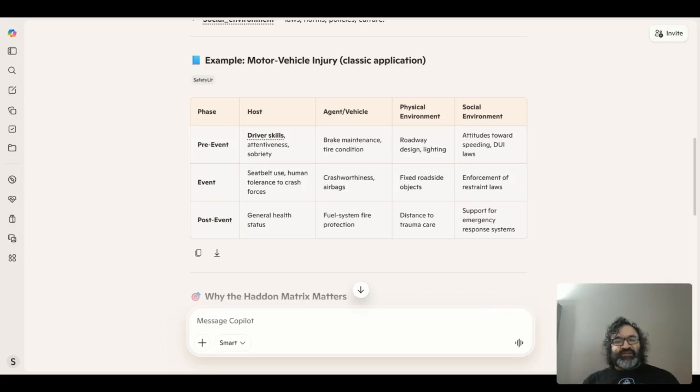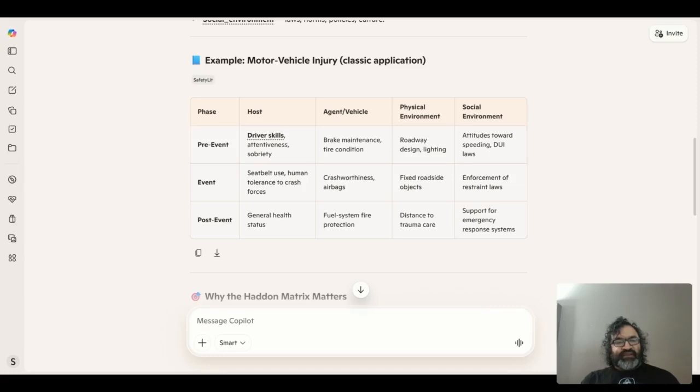So these are the three rows and three columns that are used here. Again, this can be used in many places, even seatbelt use, airbags, and fixed roadside objects when you're talking about a car crash.